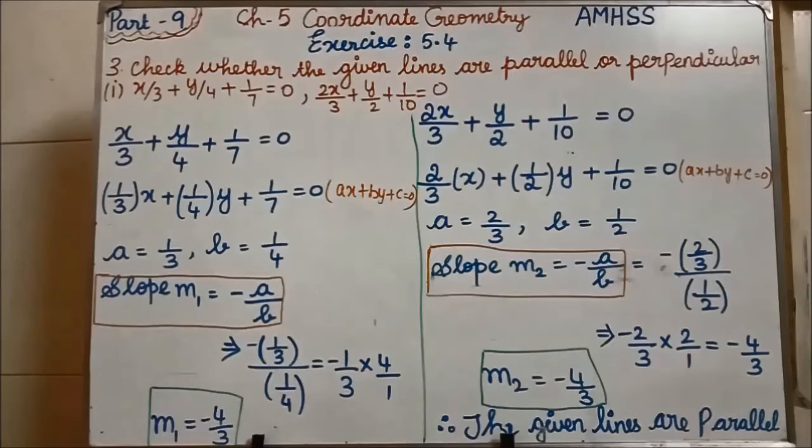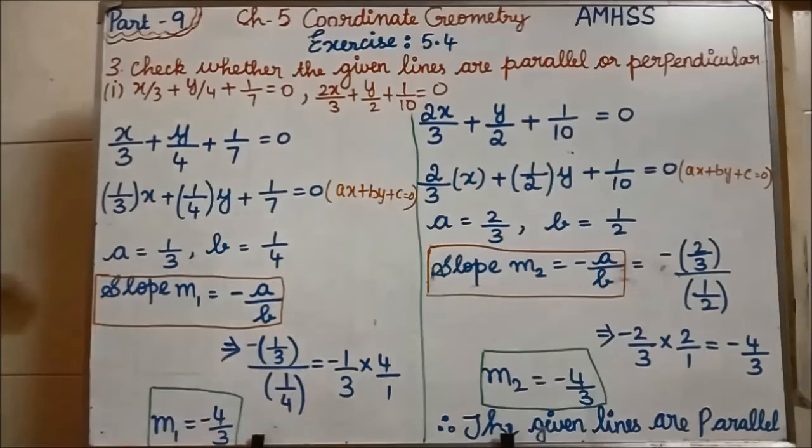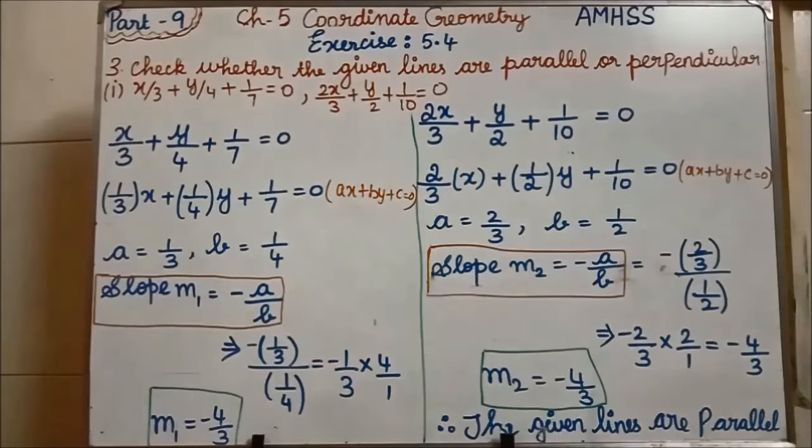Students, I have told you many times, if in a division you have fractions, what do you have to do? The denominator part becomes its reciprocal. Clear? Minus 1 by 3 into 4 by 1 it will become. So minus 4, and 3 into 1 is 3. So m1 is equal to minus 4 by 3.